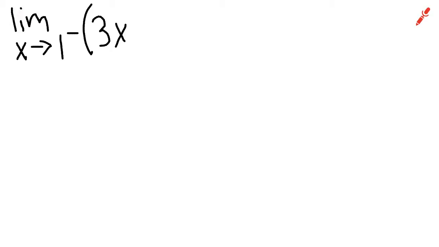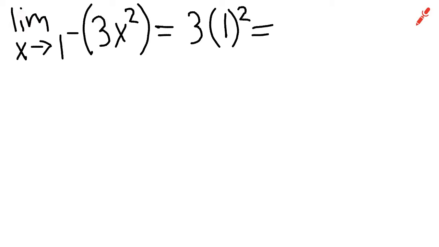Let's start with the limit of x towards 1 through the left side. The equation is 3x squared. We plug in the 1 and the value is 3.